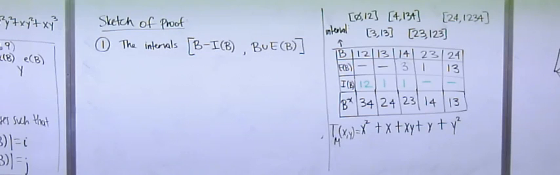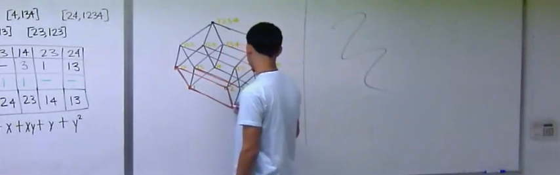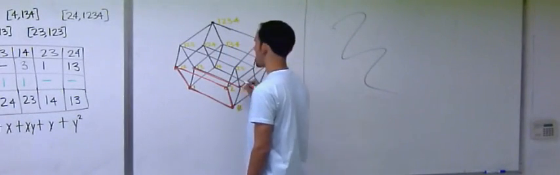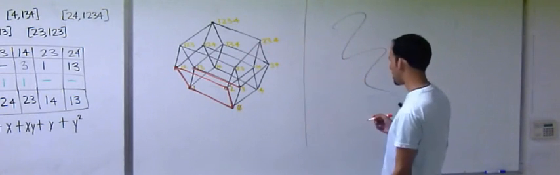So the interval from 0 to 1, 2 looks like this, one interval. The interval from 3 to 1, 3 is just this segment. Then the interval from 4 to 1, 3, 4. So where's that?